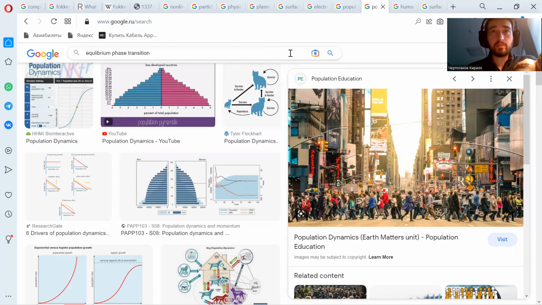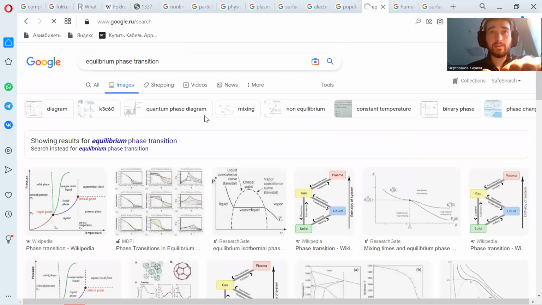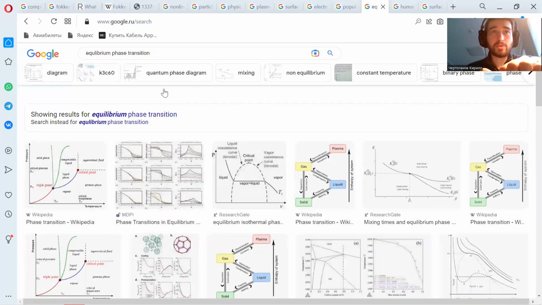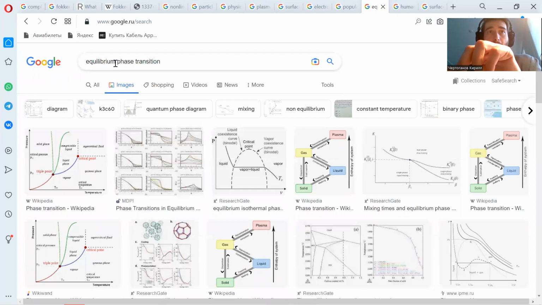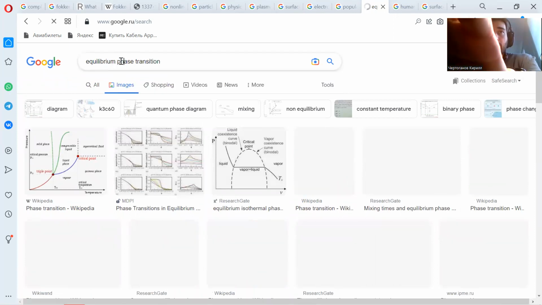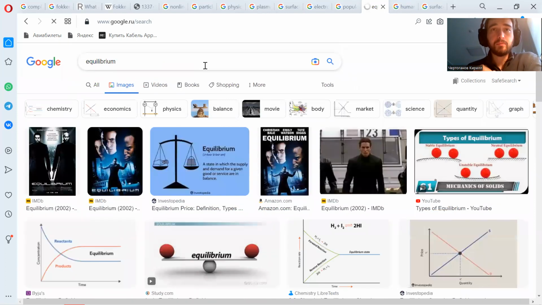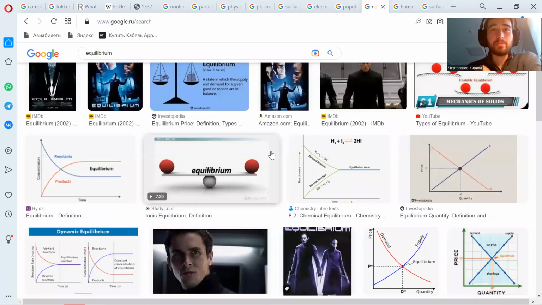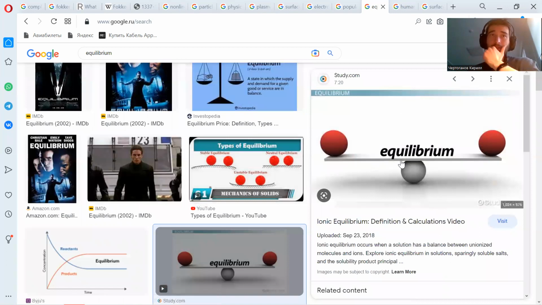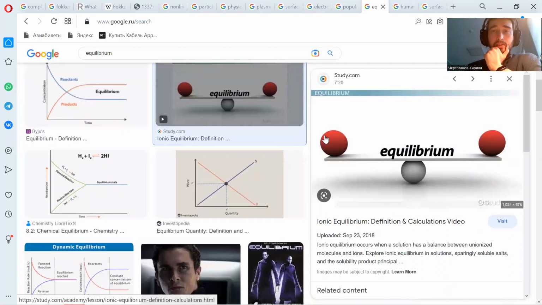So equilibrium is like, yeah, equilibrium in the middle, right? So we have non-equilibrium and non-equilibrium transition, and the multi-stability of systems, convergence of power law, and cutoff distributions.